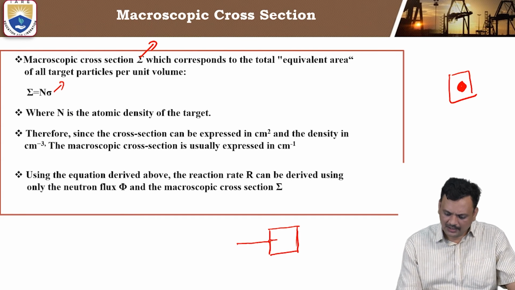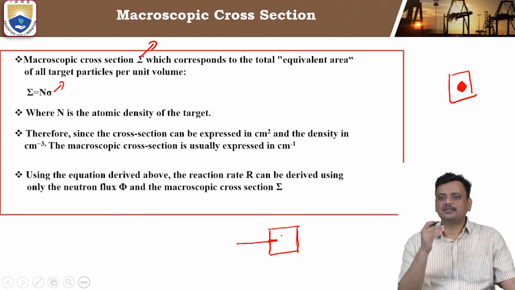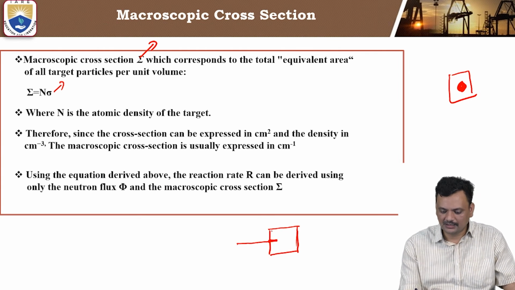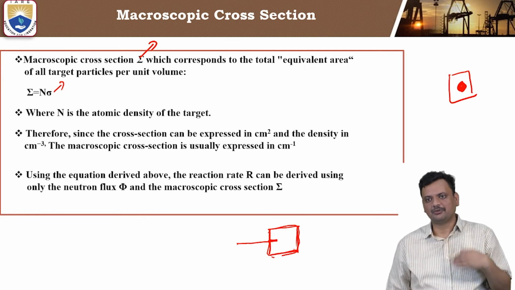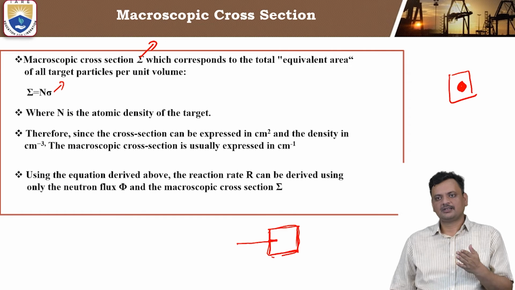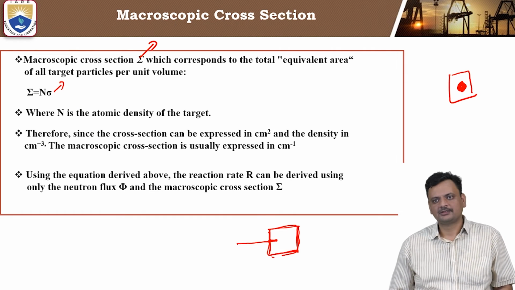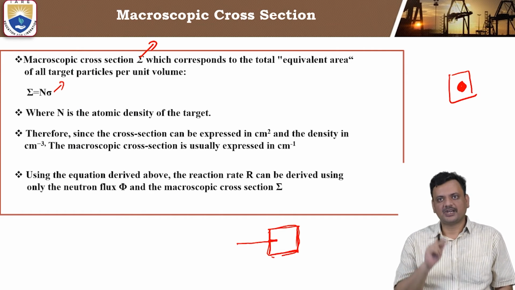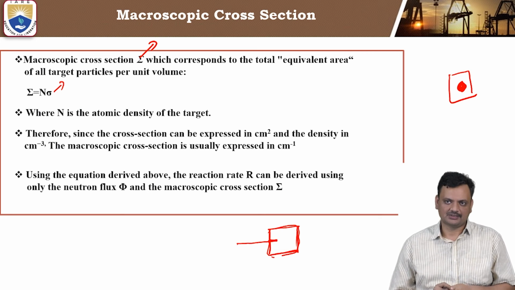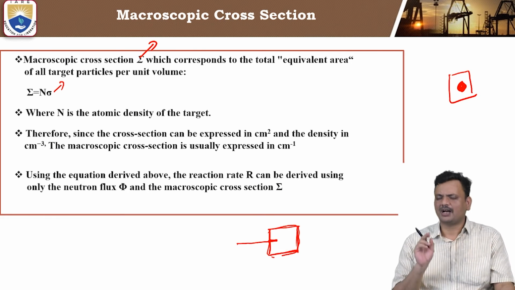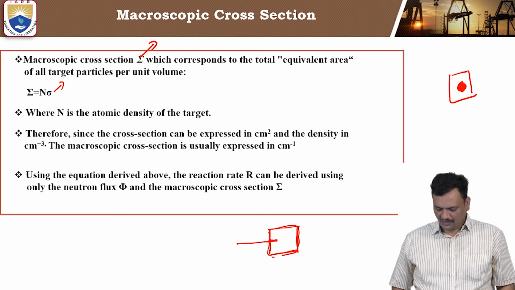But how much distance it traveled inside that probable region where a nuclear reaction can happen, that thing is measured by the macroscopic cross section. So this is also a very important quantity.